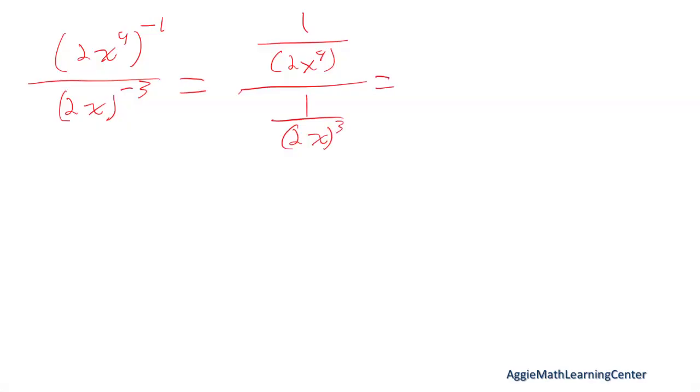And if we multiply it by the reciprocal, that's the same thing as 1 over 2x to the 4th times 2x cubed over 1, which gives us 2x cubed. That is a 3, not a parenthesis.